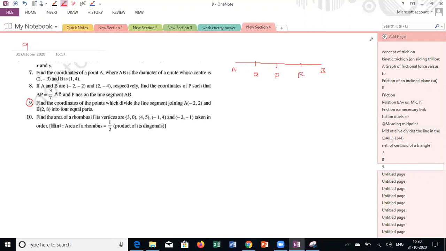So this is 1, 1, 1, 1, 4 equal parts. Q is in 1 is to 3 ratio. P is in 1 is to 1 ratio. R is in 3 is to 1 ratio. Calculate Q, P, R values. Mention them with the diagram. It will be easy to explain any question with fewer steps.